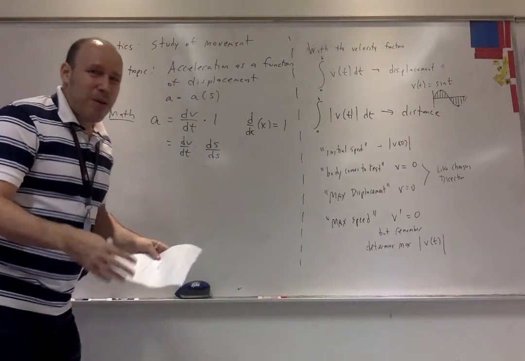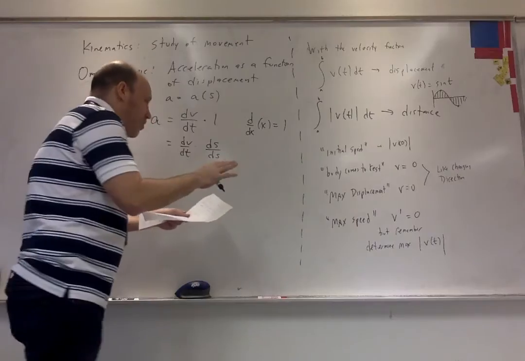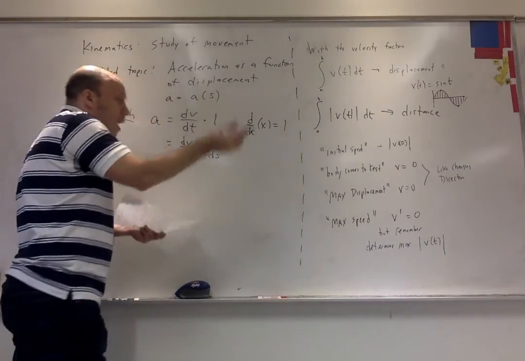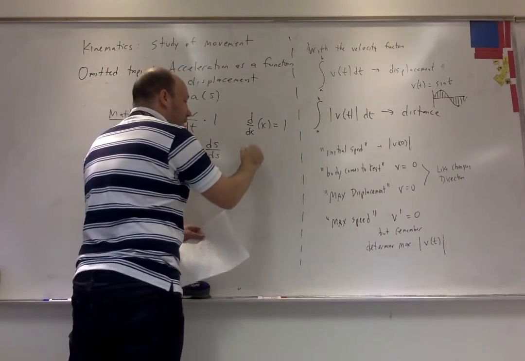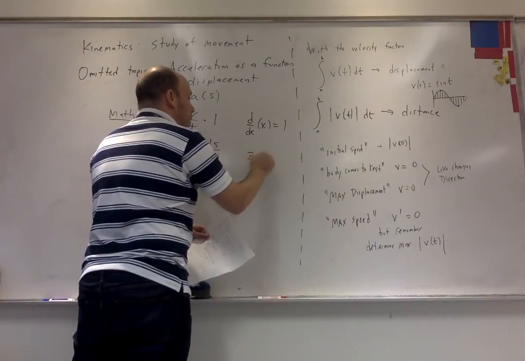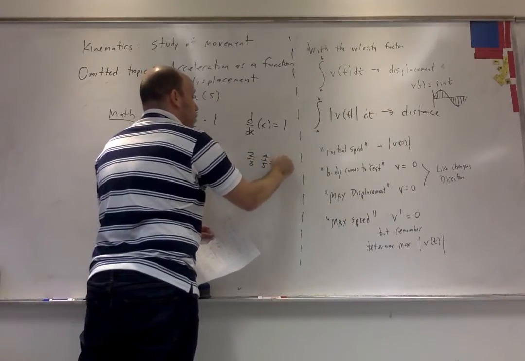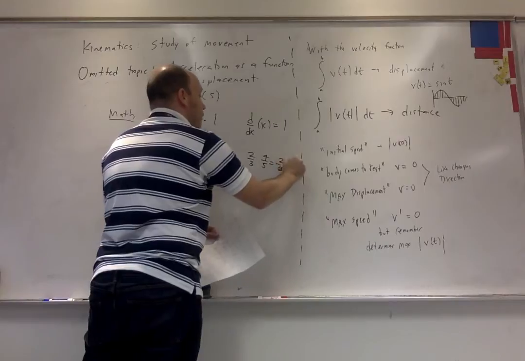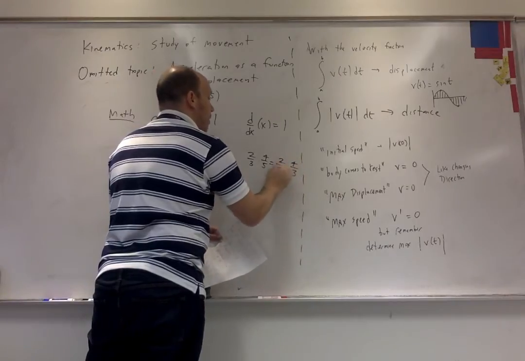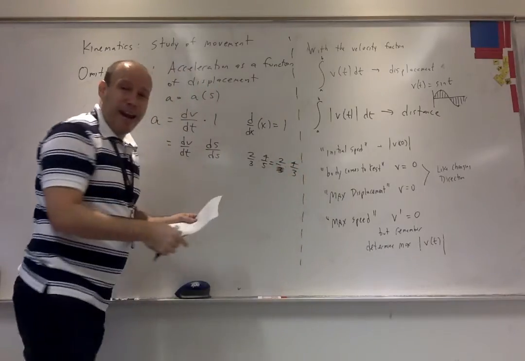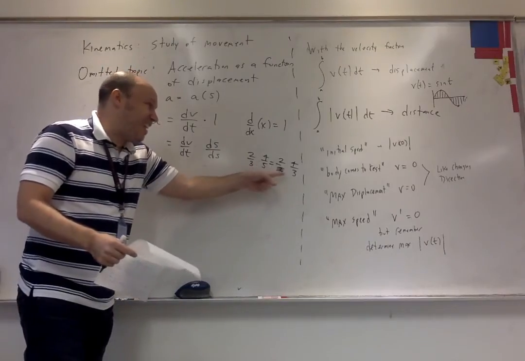Well, mathematically, I can manipulate my fractions, in the same way that I can say 2 over 3 times 4 over 5 is equal to 2 over 5 times 4 over 3, right?